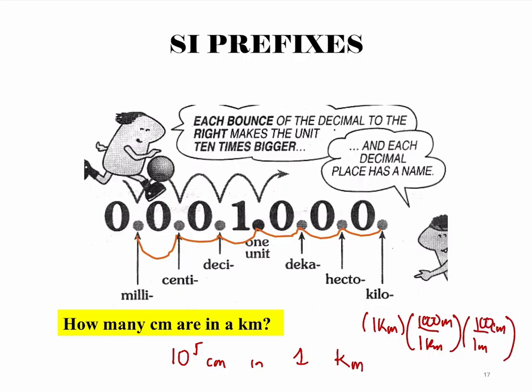When we set up a calculation like this, things in the numerator will cancel out with things in the denominator. Kilometer in the numerator and denominator cancels out. Meter and meter cancel out. So what are the only units we're left with? Centimeters.